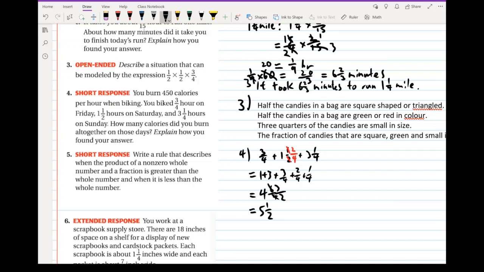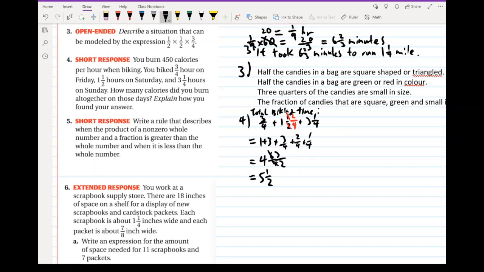And then what we have to do now is find out how many calories that is. So we biked 5.5 hours, and we burn 450 calories per hour when biking. So this is the total biking time, and then the total calories burned.